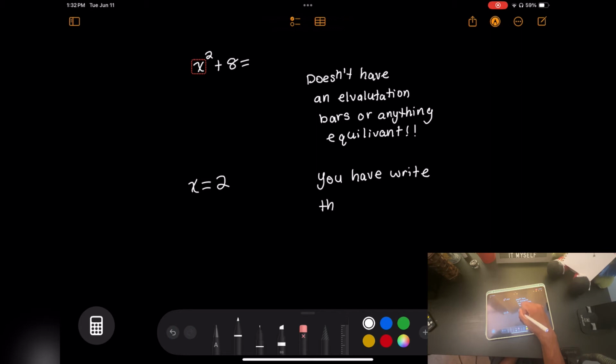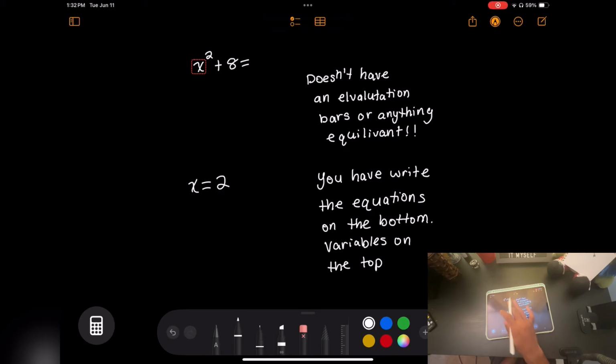But that leads us to our next problem: you have to write the equations on the bottom. That means you also have to write the variables on the top, right?